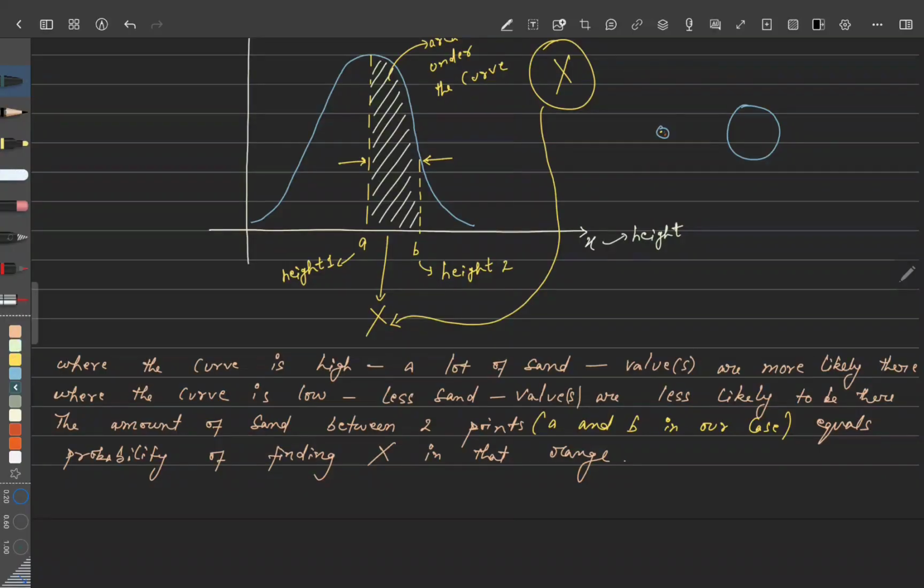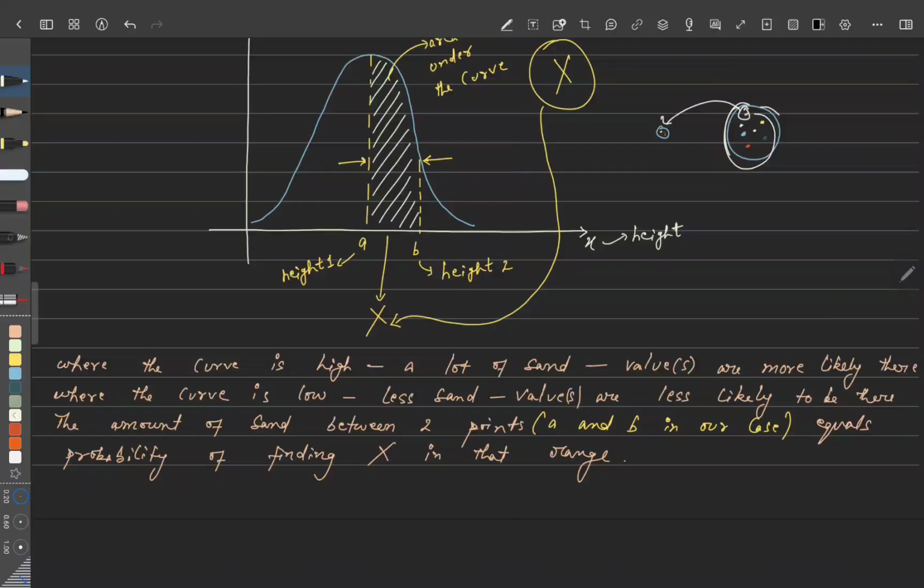Now let's say we have another circle which is a big one. This has this, this has this, it has this. So different colors of sands, right? So if the circle is big, you have a very high chance of finding, let's say, this color. But if the circle is small, you have a very less chance of finding this particular sand here, which we cannot see because the area is very small. The area is large, so you have a high probability.